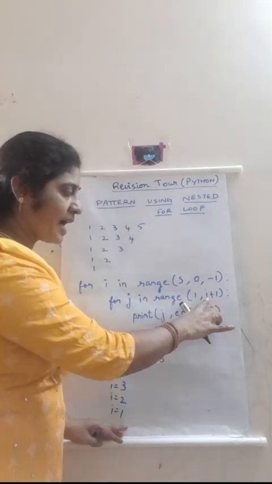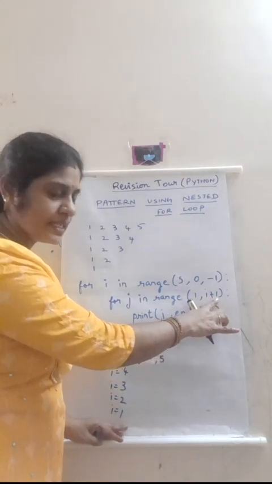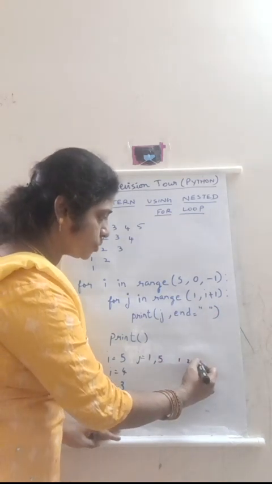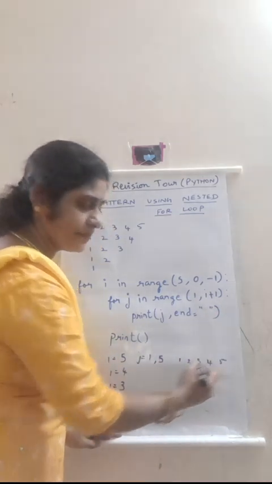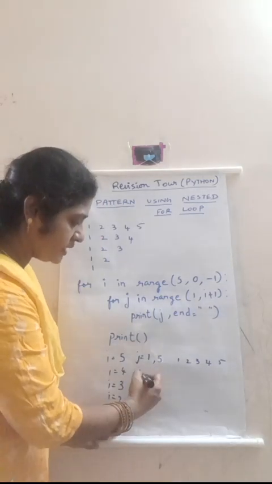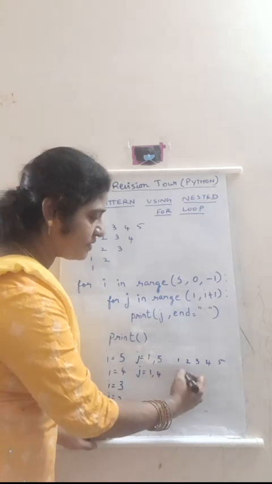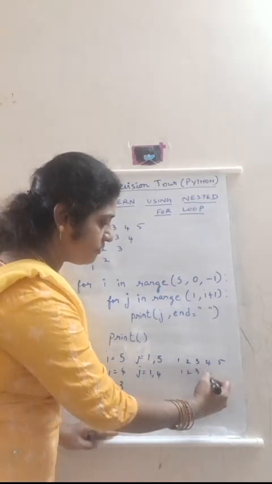It is i plus 1, that is 6. It won't consider 6, so it will run from 1 to 5 and it will display the values 1, 2, 3, 4, 5. And when i value is 4, the j loop will run from 1 to 4 and it will display 1, 2, 3, 4.